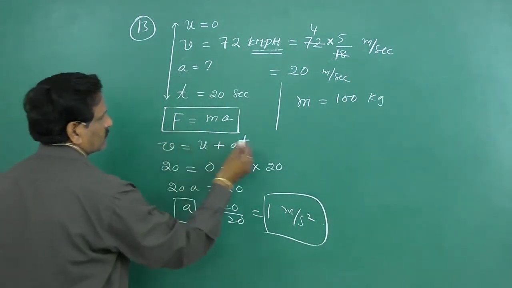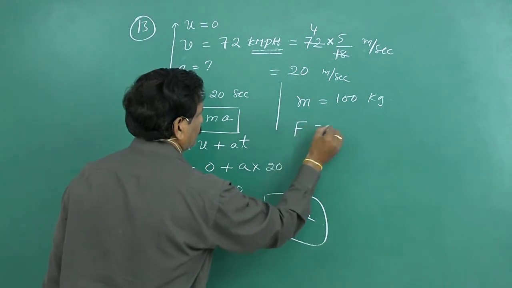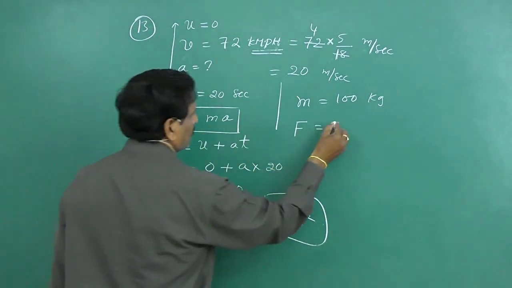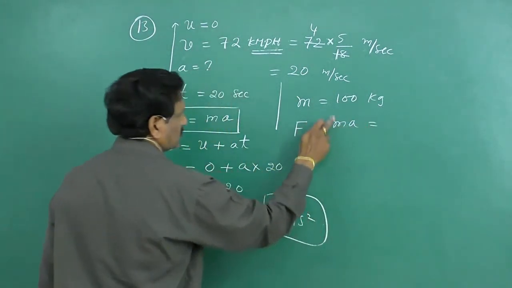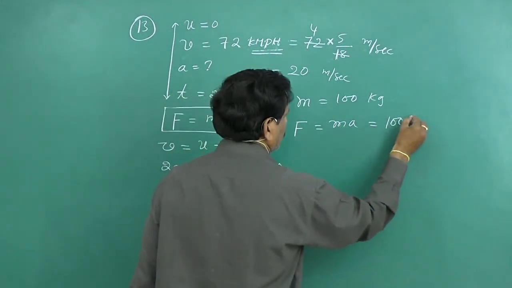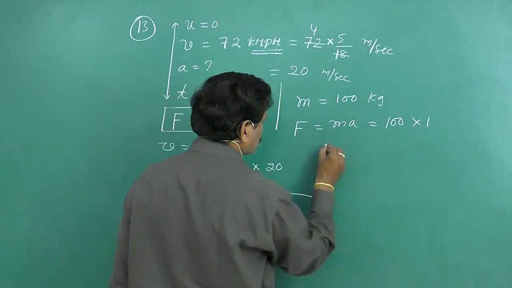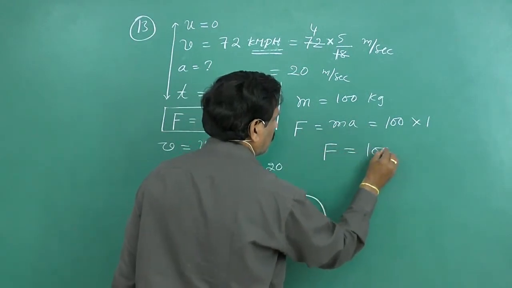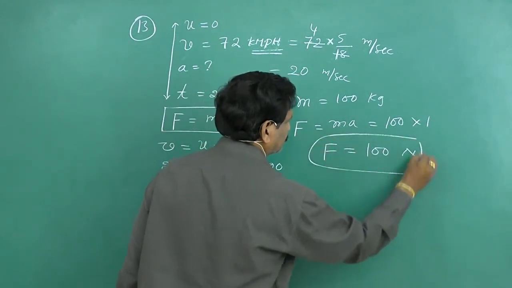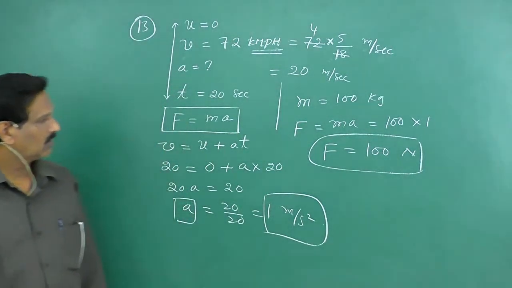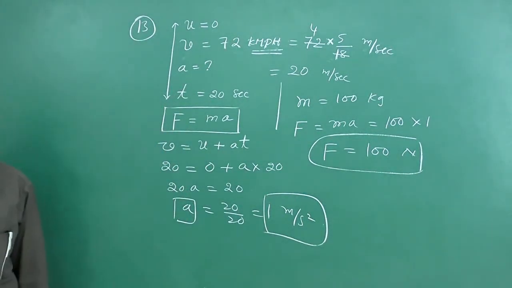Then the force exerted by the engine, F is equal to ma, which is 100 into acceleration 1. So, 100 into 1, F is equal to 100 Newton. This is the force developed by the engine. This is the first part.